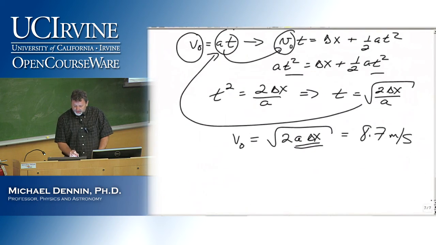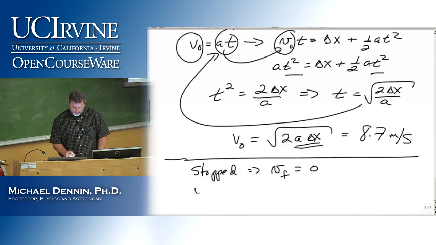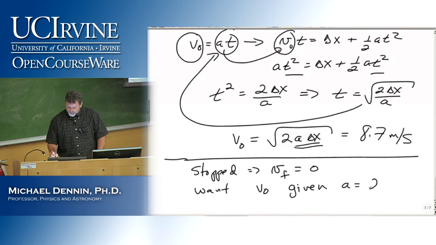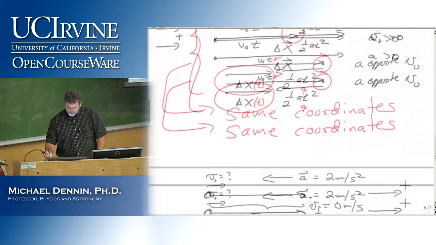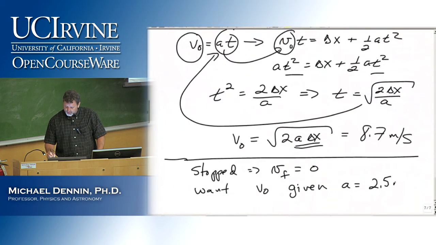So in this particular case, what I noticed is that I'm going to be stopped. So that's telling me v final is 0. And I want v naught, given a is 2.5, I think 2.5 meters per second squared, and delta x is 15 meters.